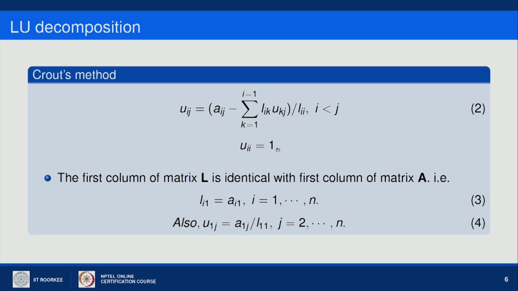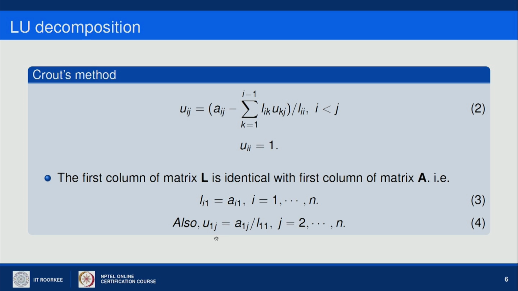Then what we will do: from the first column of the matrix L, we can find the entries L11, L21, L31 and Ln1, because the first column of the lower triangular matrix will be identical to the matrix A. After finding Li1 for i equals 1 to n, we will go to the first row.